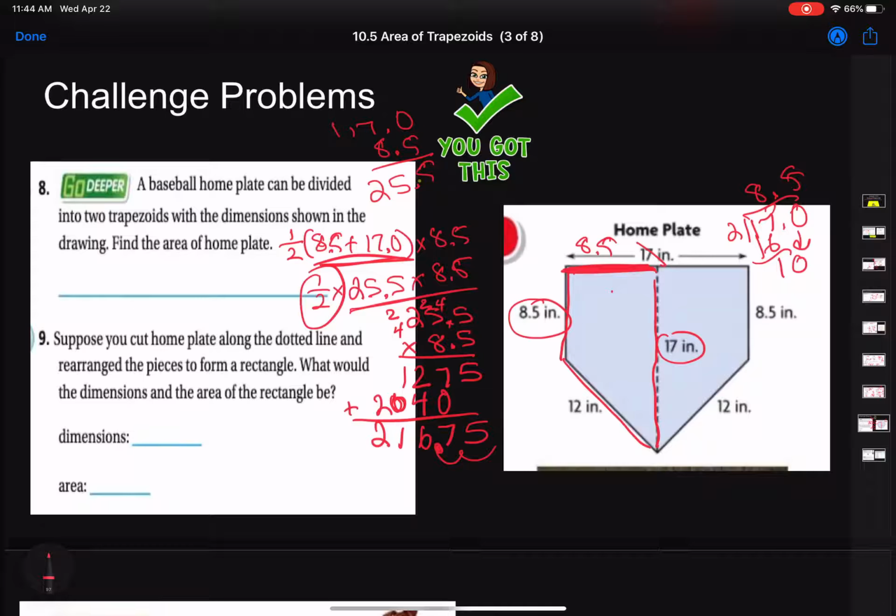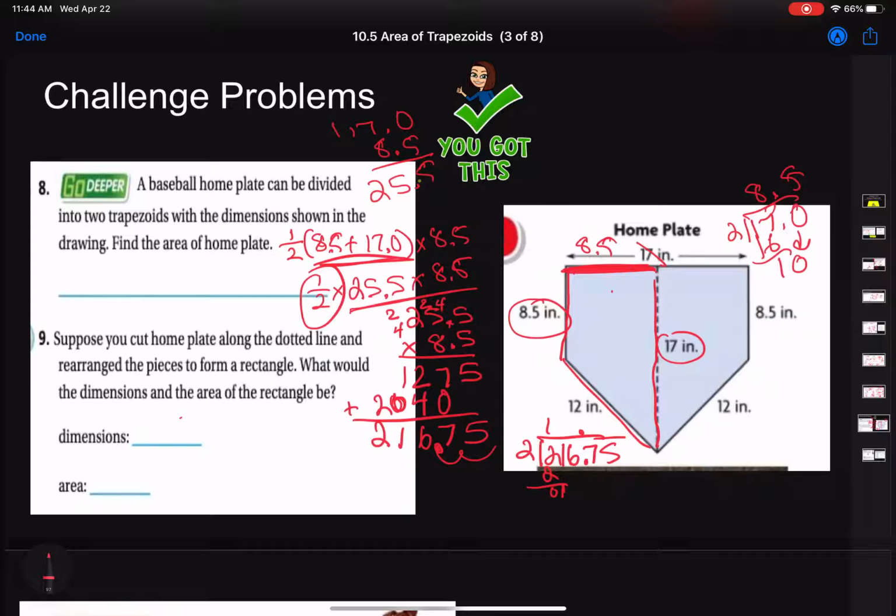So now we get 216 and 75 hundredths, and you're going to divide that by 2. Let me see if I can work it out here. Okay, so 2, bring that decimal up too. 2 goes into 2 once. 0, bring down that 1.